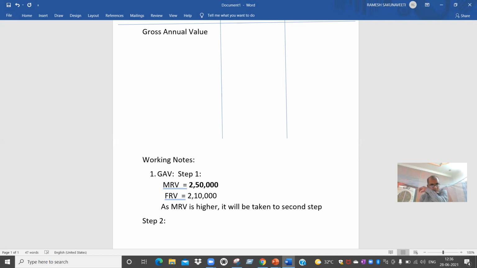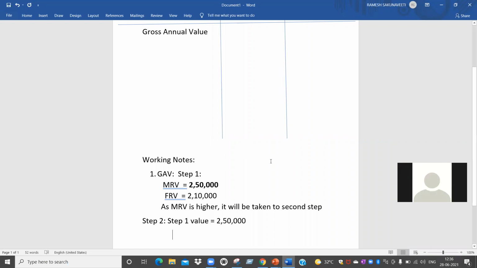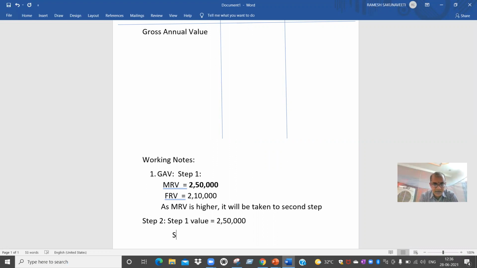Now second step, step 2. See, step 1 value is equal to 2,50,000. And this you are going to compare with another value. What is that value? Standard rental value, SRV. Very good.